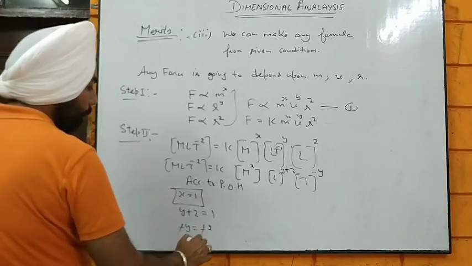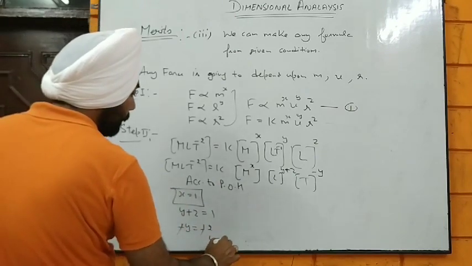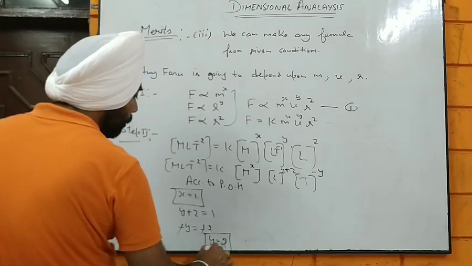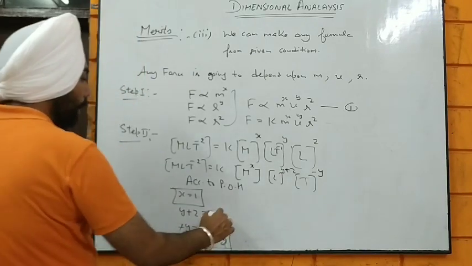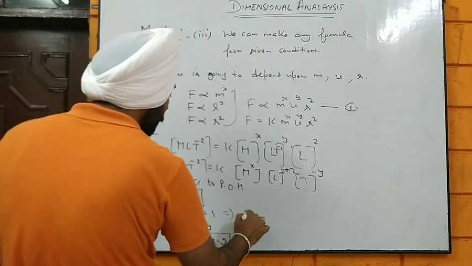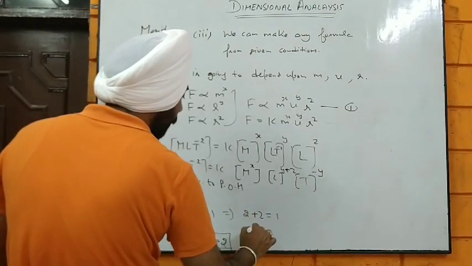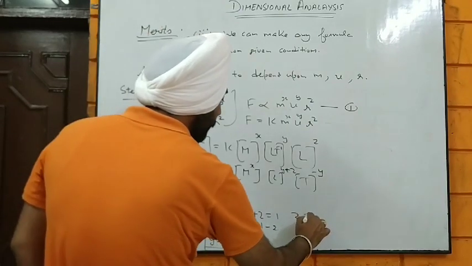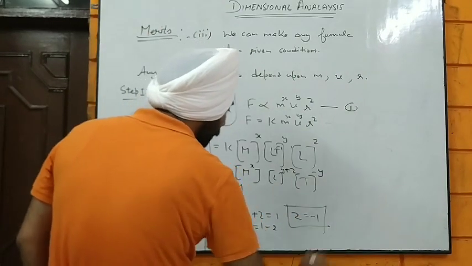Now negative negative cancel out, so y is equal to 2 here. Now putting the value of 2 here, 2 plus z is equal to 1 and z is equal to 1 minus 2, which means z is equal to minus 1.